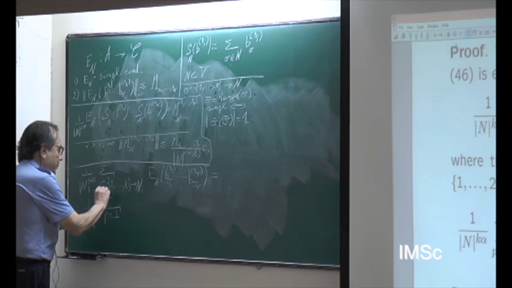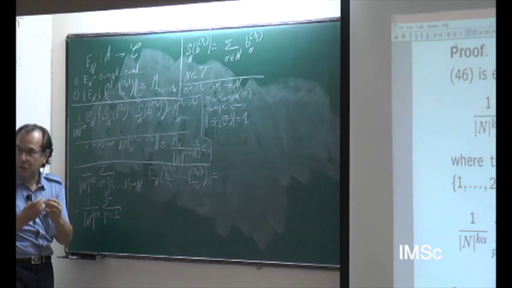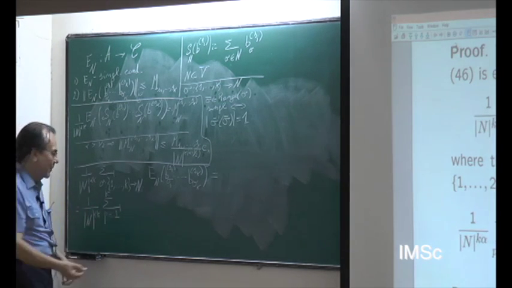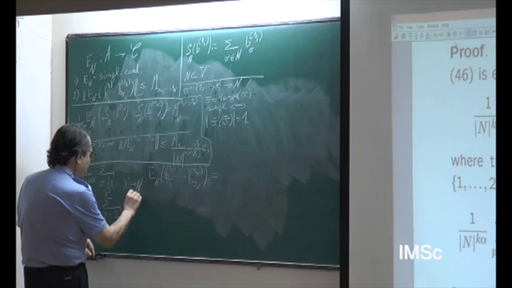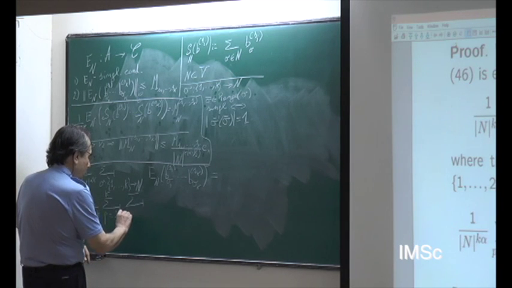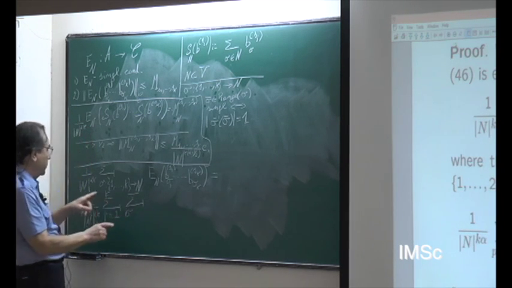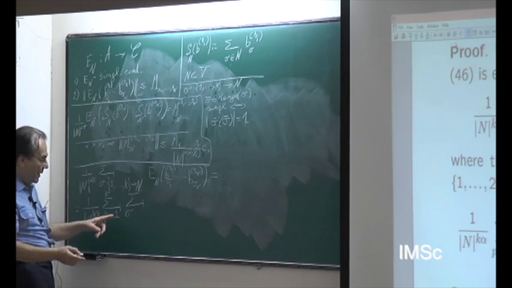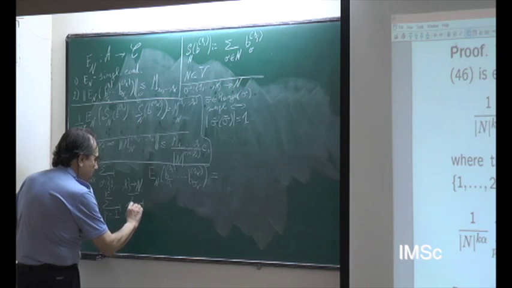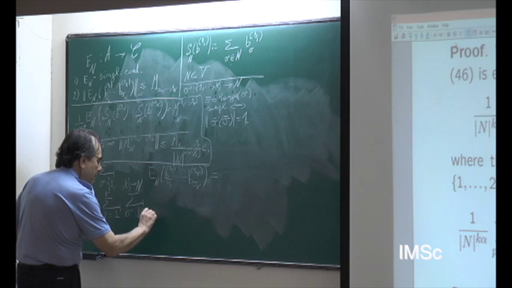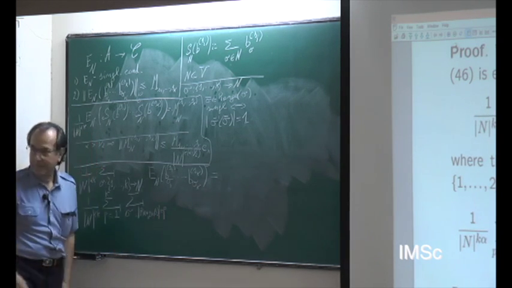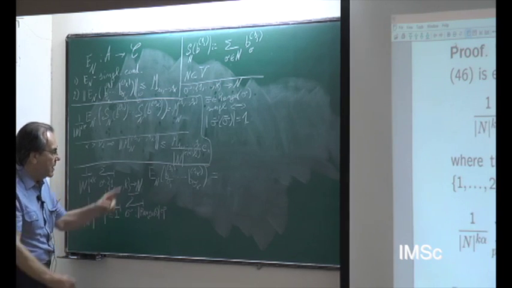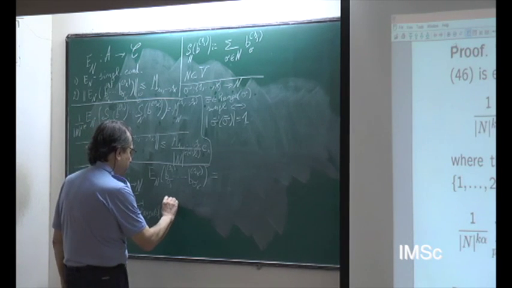And the maximum is k, which corresponds to an injective sigma. And then I will take the sum over all sigma. I will not repeat that sigma is a function from 1 to k, I hope you remember, such that the cardinality of the range of sigma is exactly p. And then here I have the same expectation.